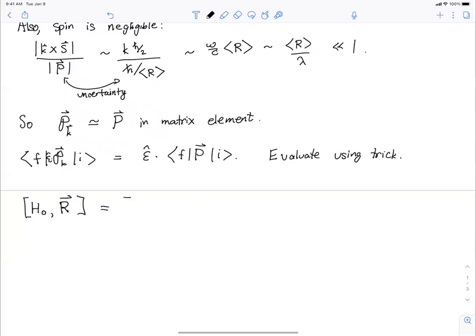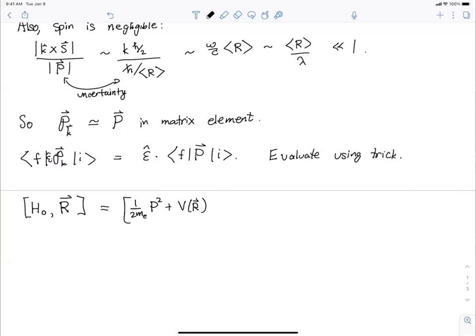Let's just write down what the unperturbed Hamiltonian is. So I'm including here some potential that might be the potential that binds my electron to the nucleus. That's really an electrostatic potential. But the important part of it is that it's not part of the electromagnetic wave, which is coming along to hit this thing.